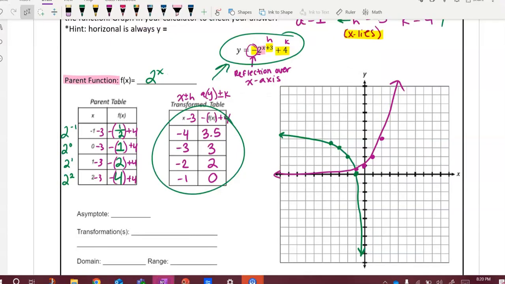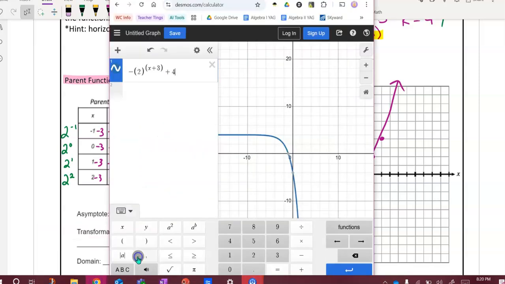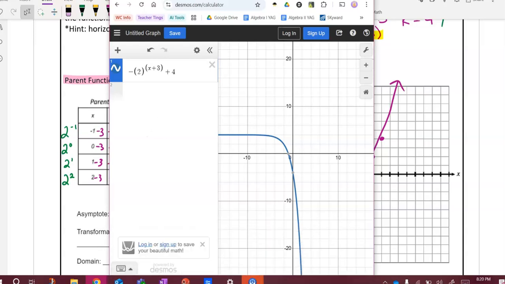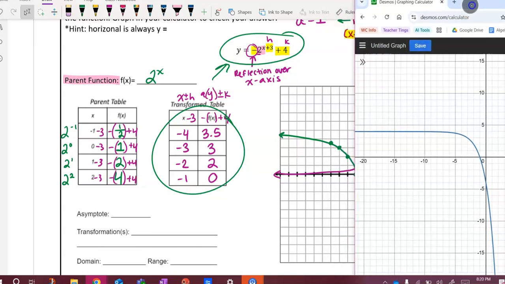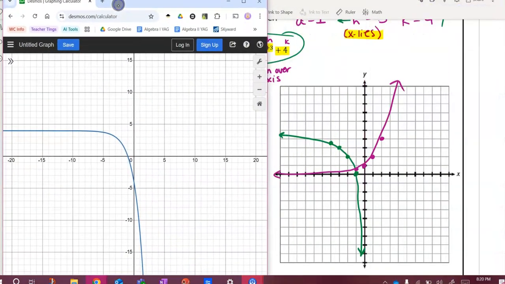Come back at our Desmos. That's our graph. Nice. All right.